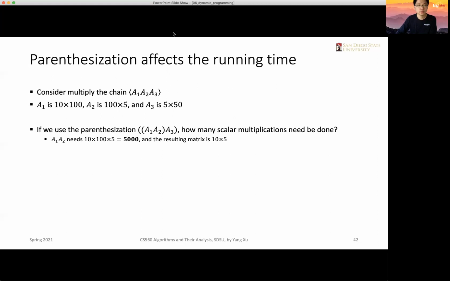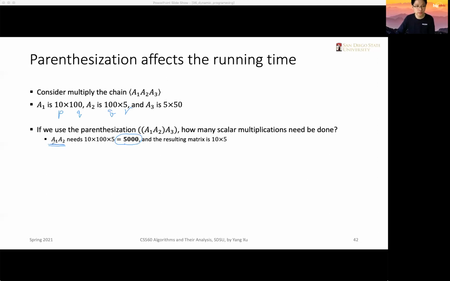When we multiply A1 with A2, the P is here, Q is here, Q is here, and R is here. If we compute P times Q times R, it will be 10 times 100 times 5, which is 5,000, right?